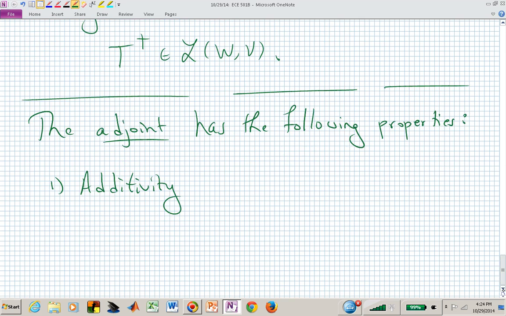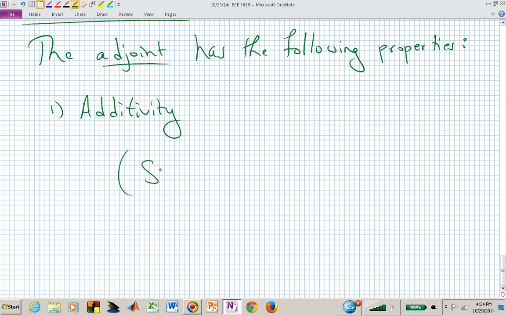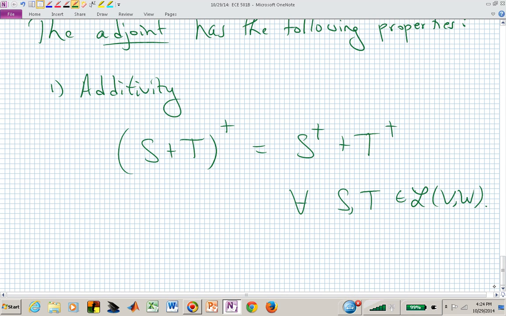One is additivity, which is if we add up two linear operators and take their adjoint, what's that going to be equal to? Just the sum of the adjoints, which is what you would have anticipated. So that's one property, and that's true for all S and T, and those are both linear maps between V and W.